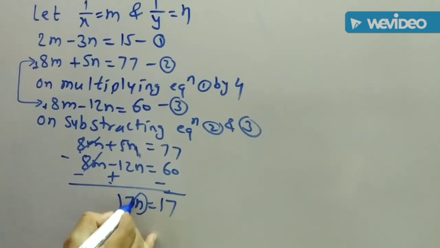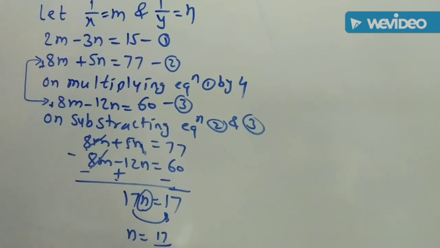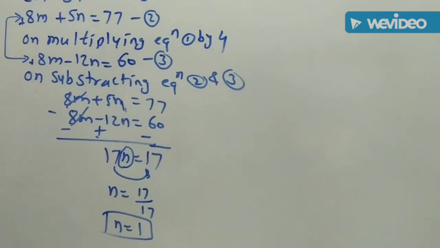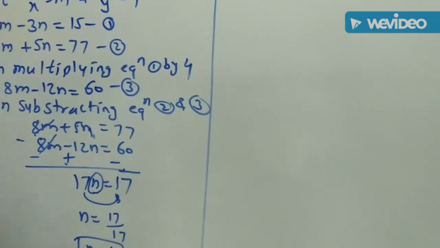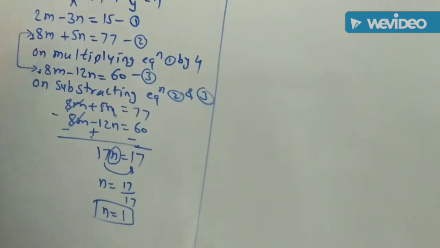To find the value of n, multiplied 17 gets converted to division, 17 upon 17, that is 1. Now putting this value in equation number 1, 2 or 3, I put in 2.